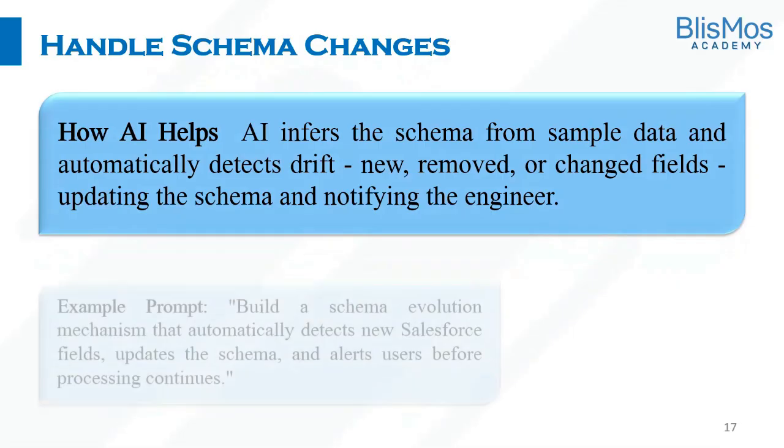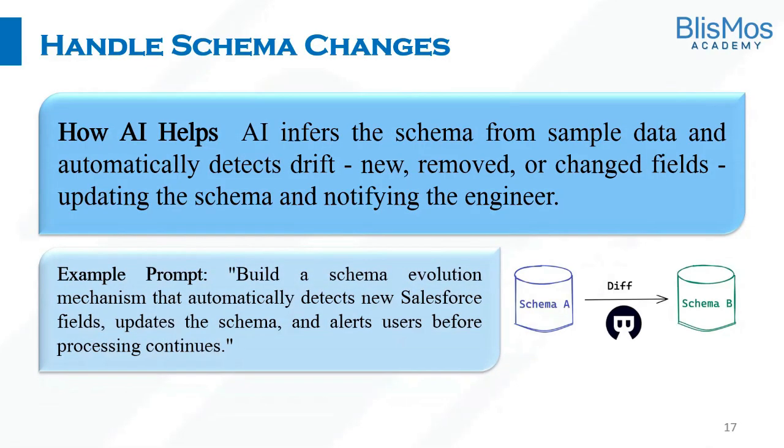In order to do that, you can provide a prompt: Hey AI, build a schema evolution mechanism that automatically detects new Salesforce fields, updates the schema, and alerts users before processing continues. This will help us detect the schema drift, make the necessary changes, and test them at the right time.